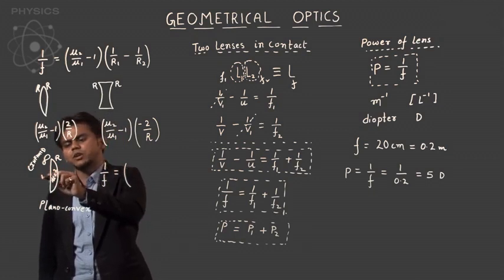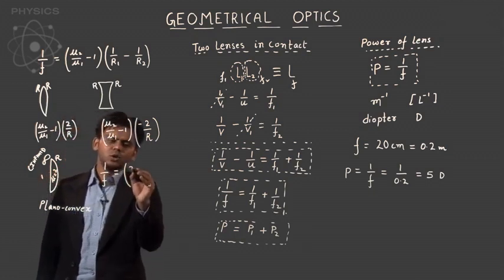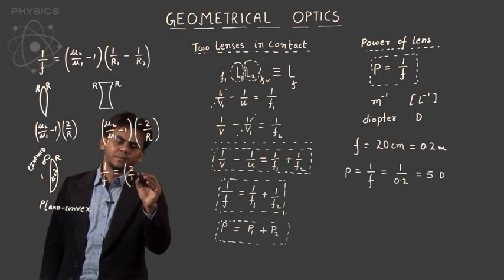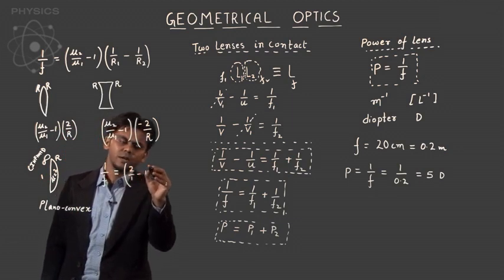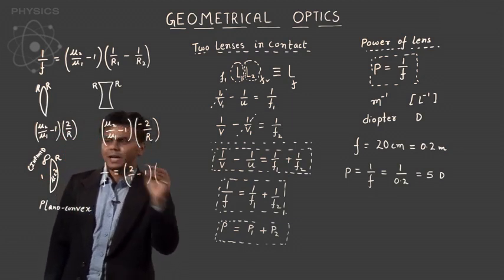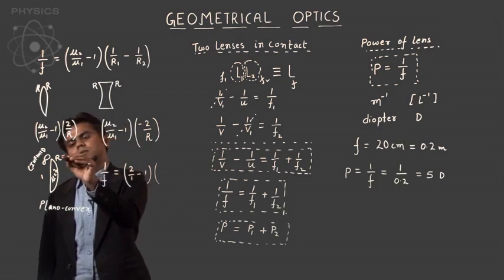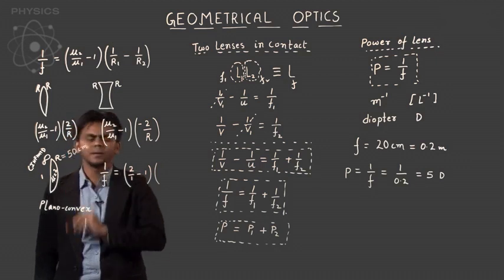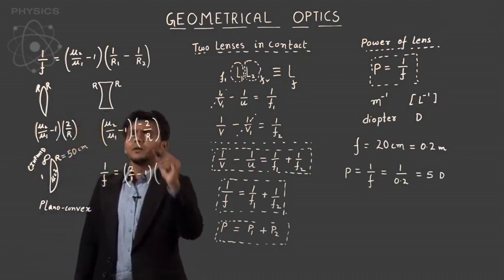And outside you have vacuum. So 1, so you'll have 2 upon 1 minus 1, and let's take r as 50 centimeters.